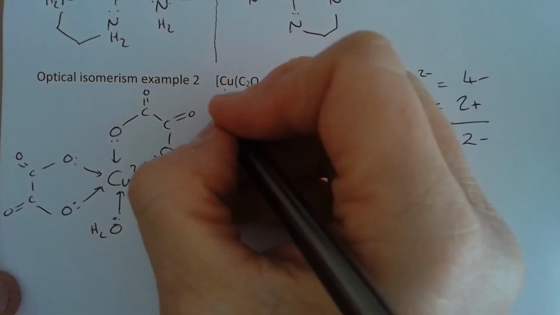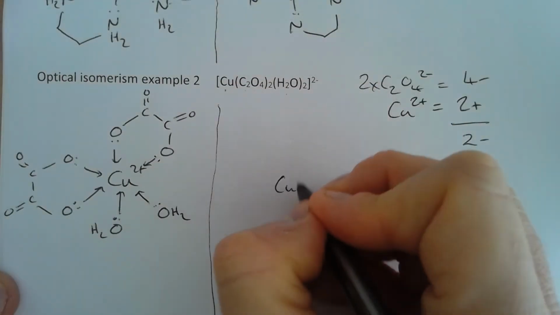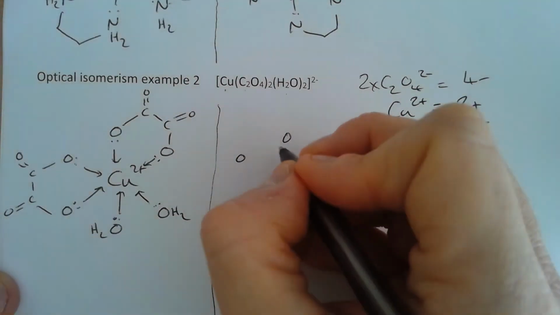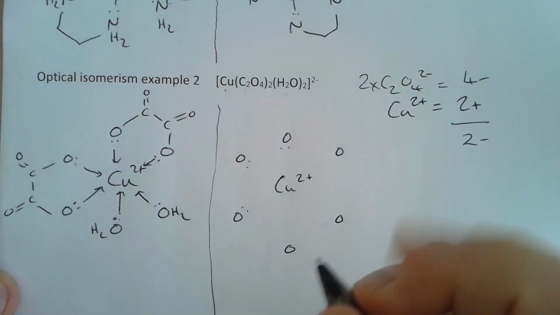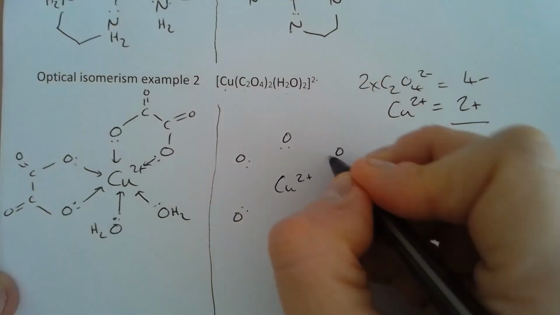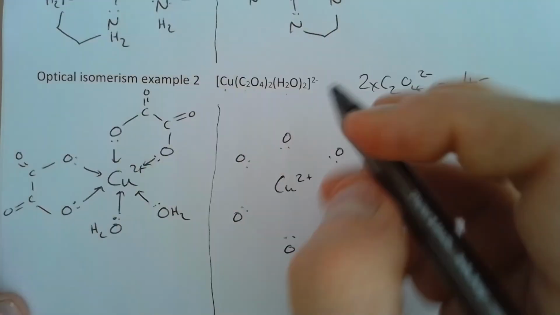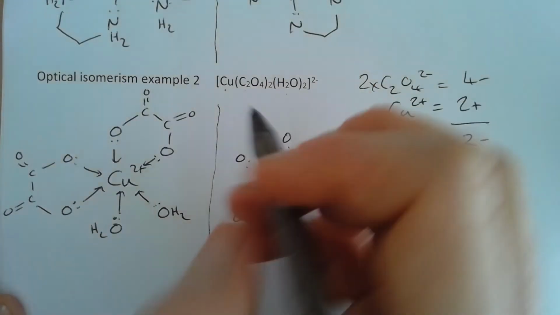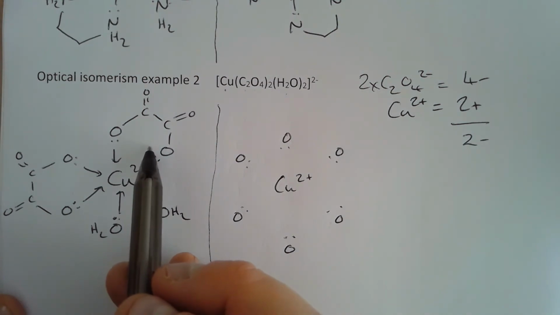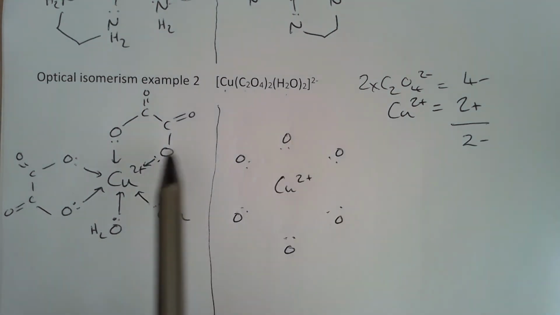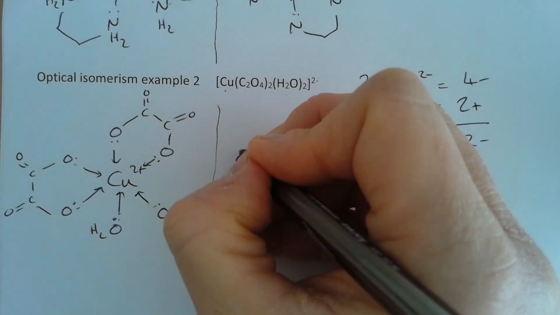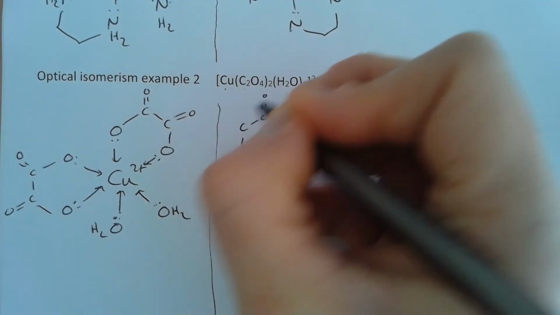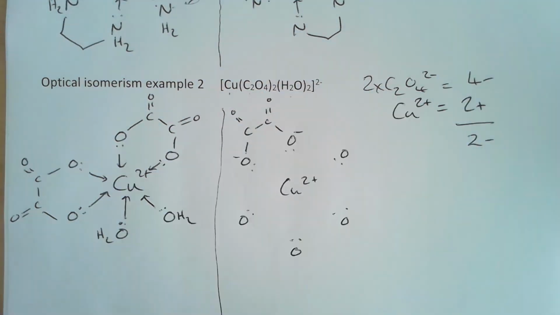So if we were going to draw the mirror image form of this, we'd start exactly as we did last time. So this bidentate ligand here is going to be flipped from this position to this position, and I realise the way I've drawn it I haven't left myself enough space.